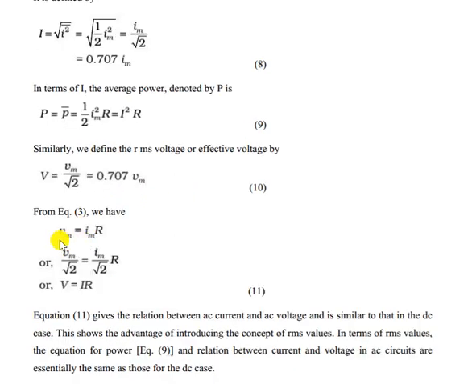Again we can write Vm equal to Im into R. So Vm we can convert into RMS value. Vm by root 2 equals the RMS value of Im by root 2 times R. So that will be V equal to IR. So VRMS equal to IRMS into R.